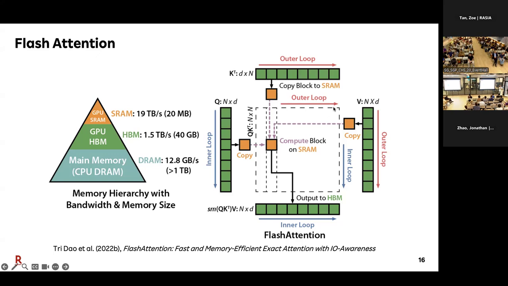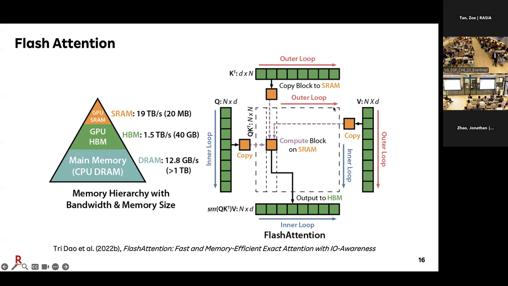Instead of computing the attention score at once as in our previous simplified flow, it processes the queries and keys in tiles, in blocks, one by one, and finally collects the results together.